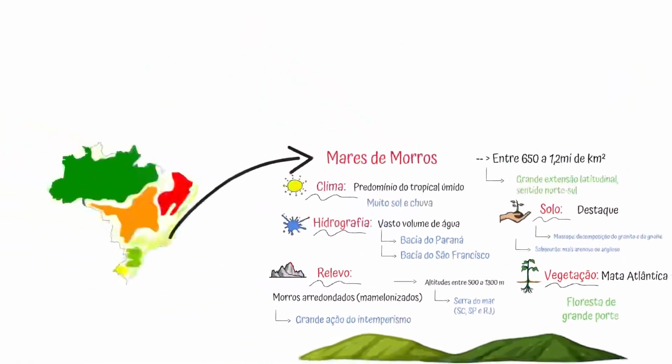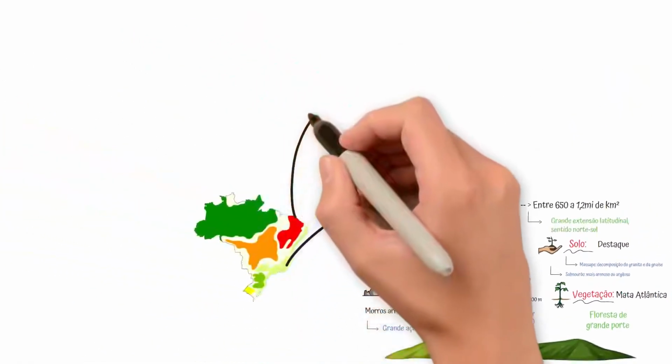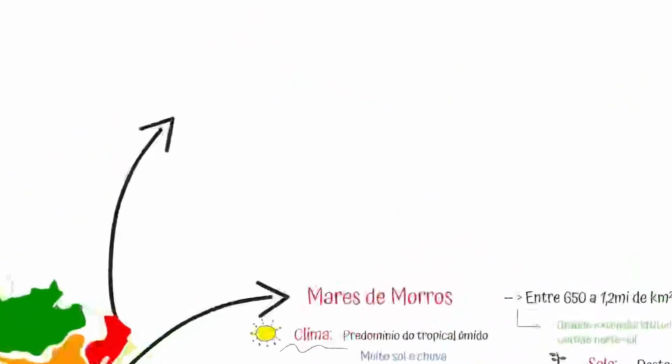Now let's talk about the Caatinga Domain. This domain covers an area of approximately 850,000 square kilometers, and it's mostly located in the northeastern region of Brazil. As you know, the predominant climate in this region is the semi-arid climate, right? Which is dry.